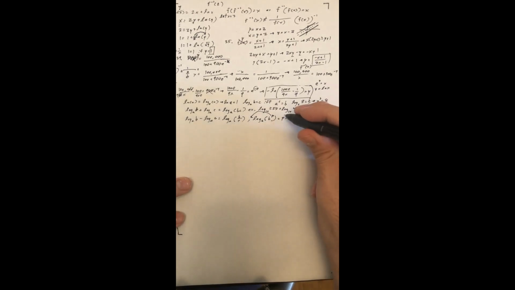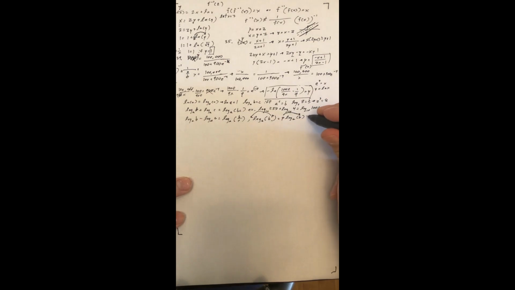Now, this is important: this is not equal to log base a of b all to the p. You put the power within the input, not as a power on the whole logarithm.